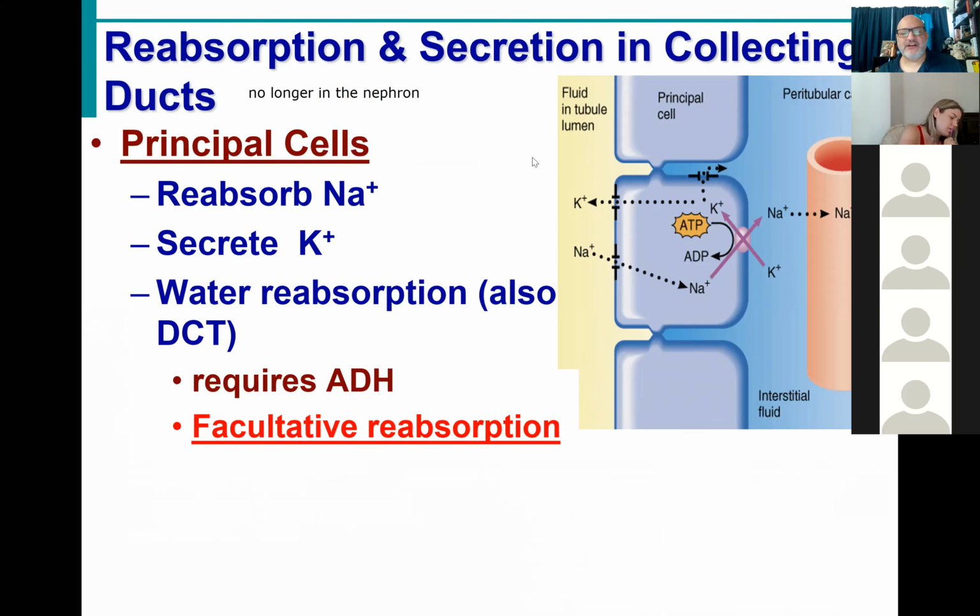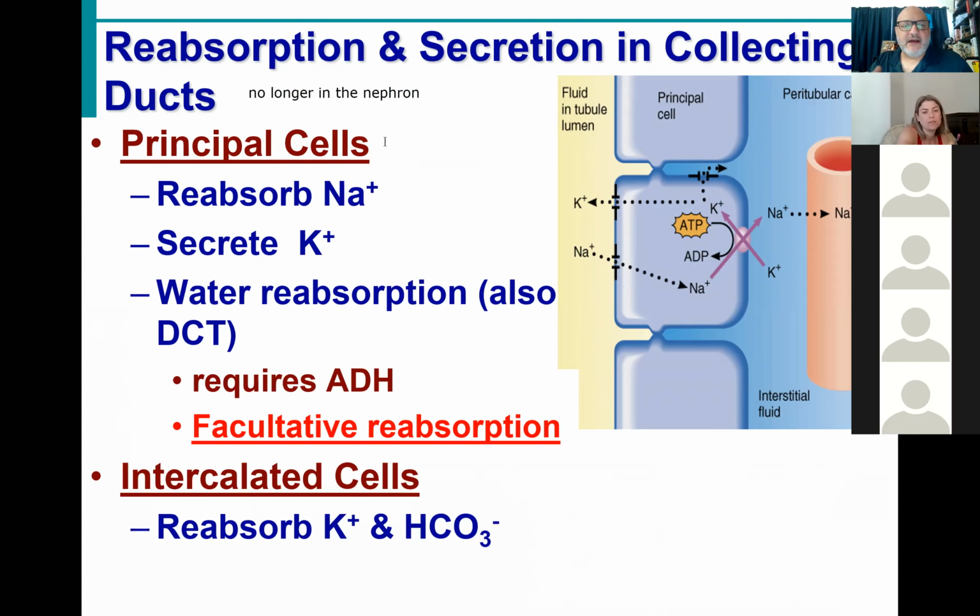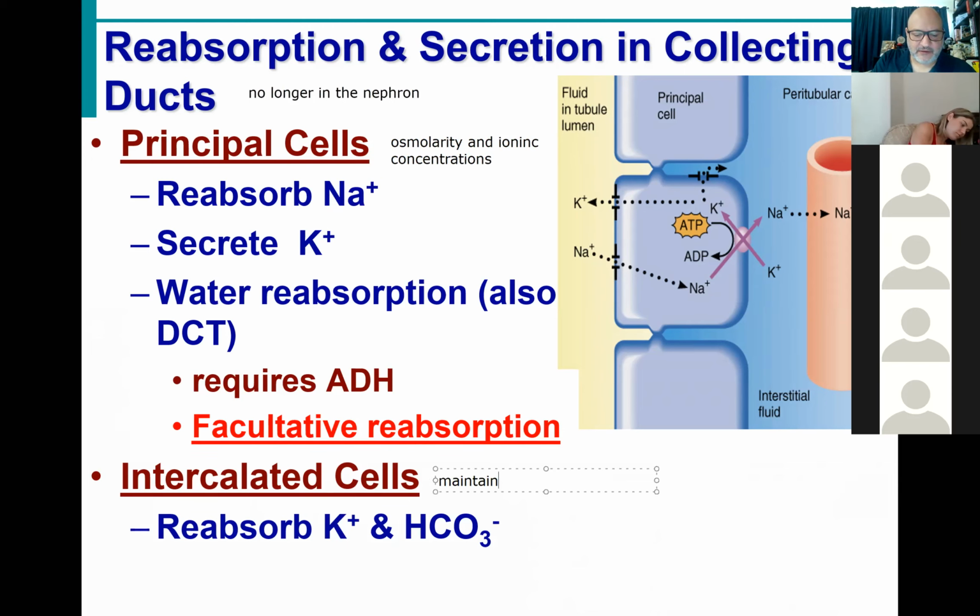That facultative water reabsorption with the expression of aquaporins from our antidiuretic hormone, and our intercalated cells, which I don't think I have a picture of. Yeah, I don't. So principal cells are more on osmolarity and ionic concentrations, whereas our intercalated cells are more about maintaining blood pH.